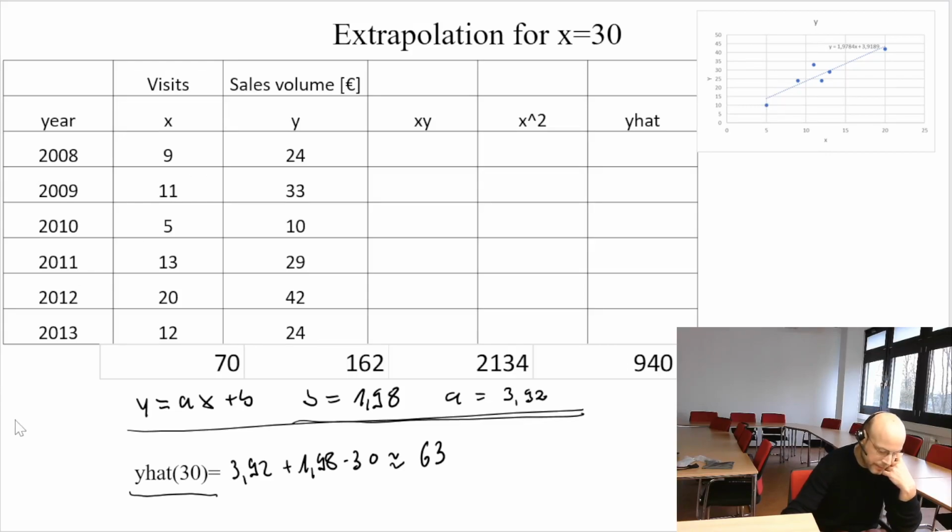And of course, this point A, the vertical axis intercept, if we look at this here, would be down here, roughly 4. This would mean we make a sales volume of 4 euros if we have no persons who can visit our customers.